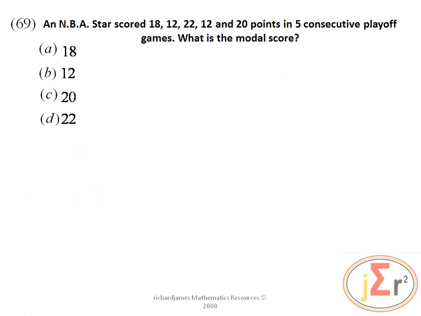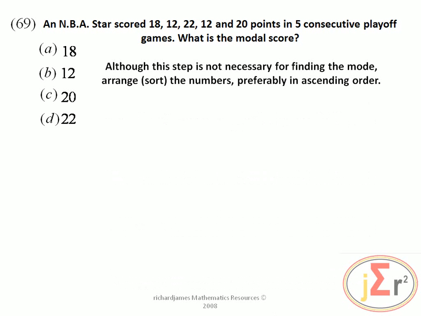An NBA star scored 18, 12, 22, 12, and 20 points in 5 consecutive playoff games. What is the modal score? Although this step is not necessary for finding the mode, arrange, that is, sort the numbers, preferably in ascending order.